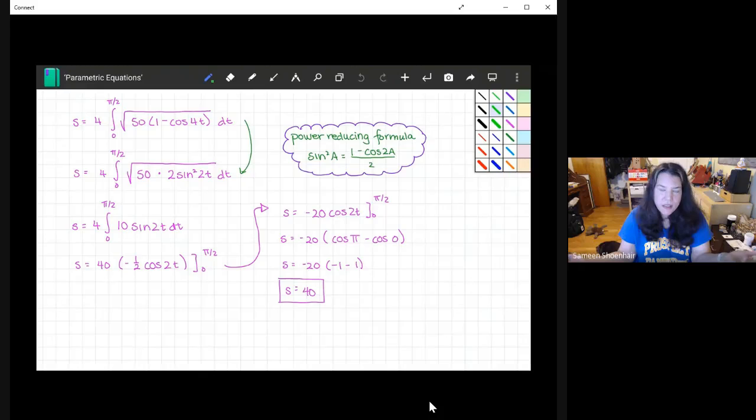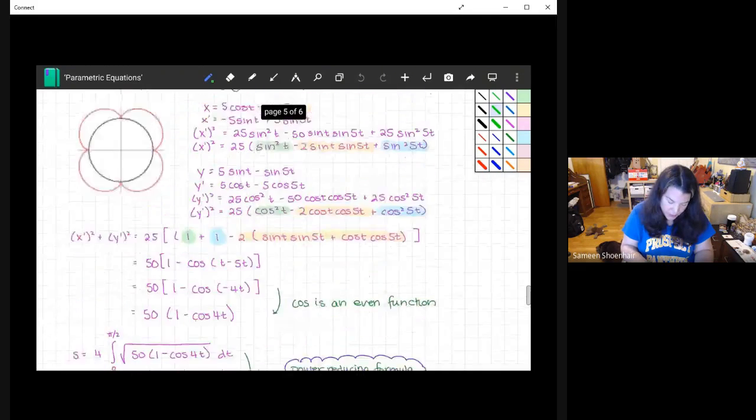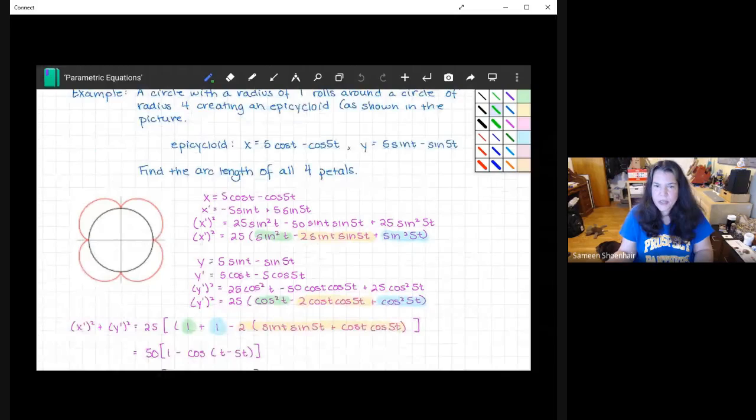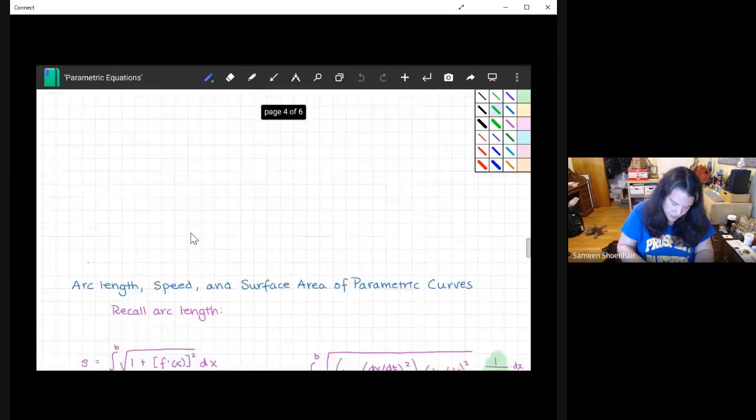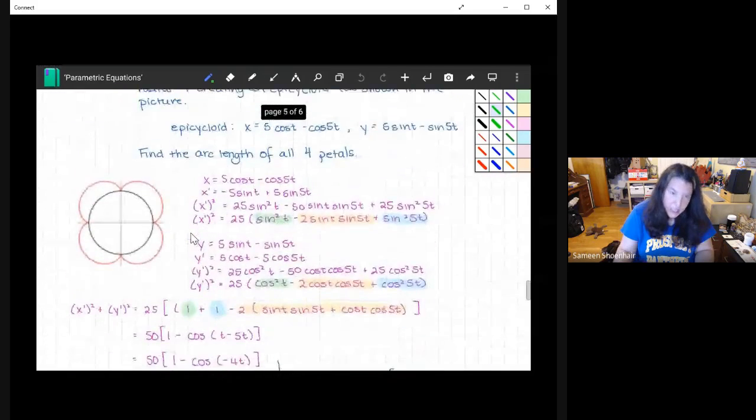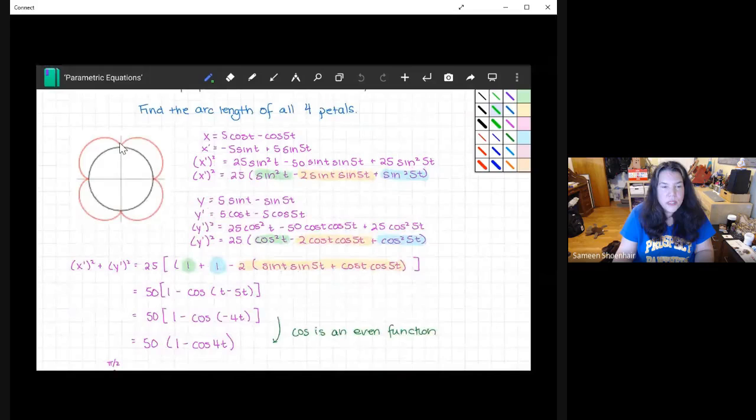Now, there's one thing I just glossed over, and that is the limits of integration. This might take a little playing around with the values, but I'm going to go back up here. We kind of saw it from before when we made the tables for the circles. In order to create just one petal of this epicycloid, and you can plug in values and see that it's going to do it, we go from 0 to pi over 2.